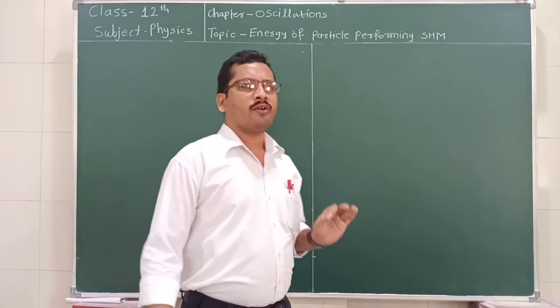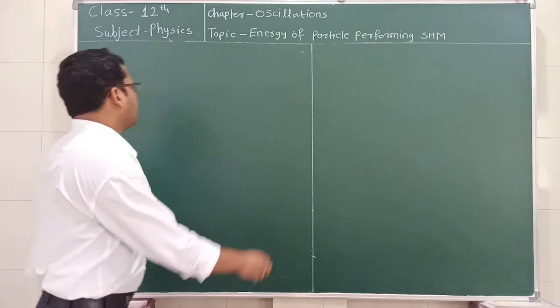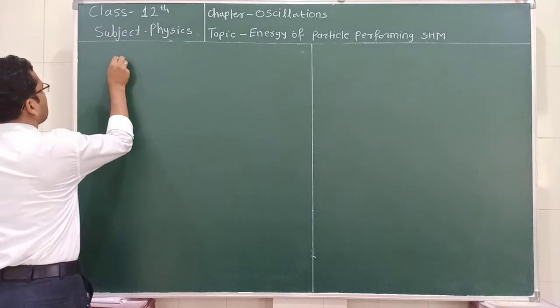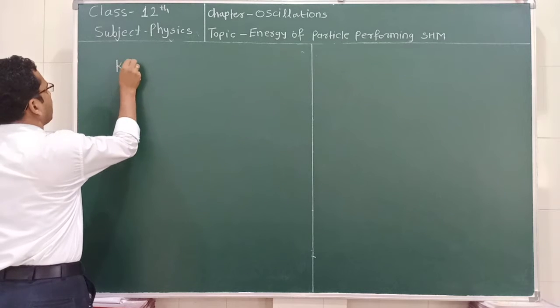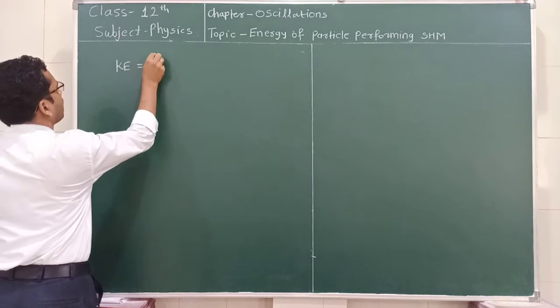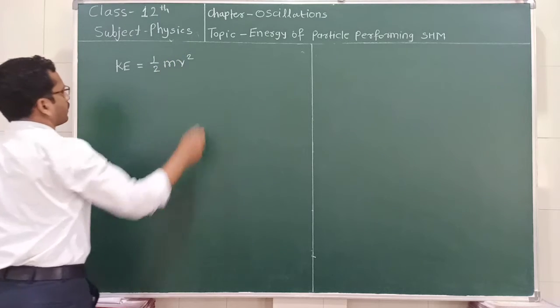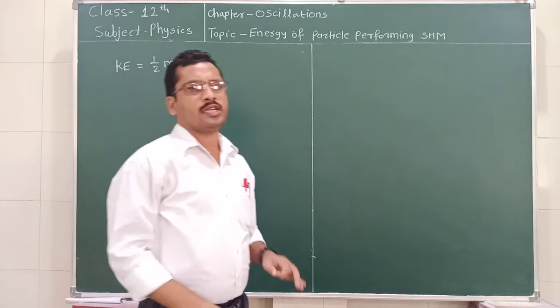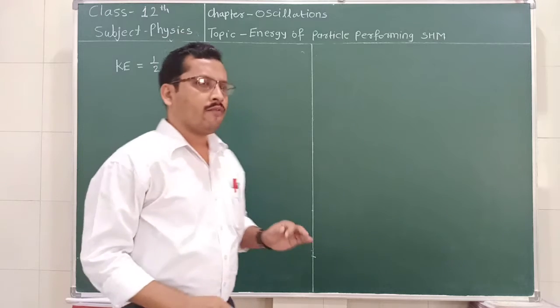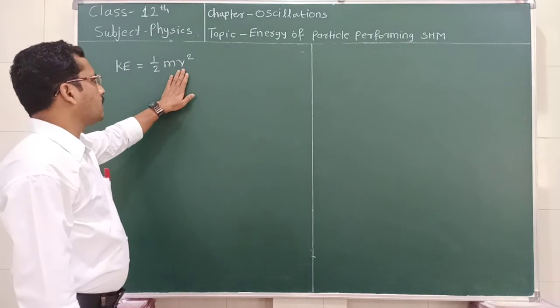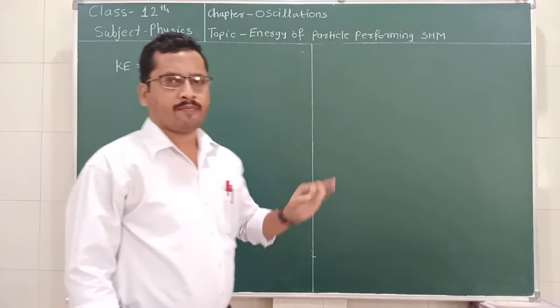What is the kinetic energy? The kinetic energy is given by 1/2 mv², where v is the velocity of the particle.